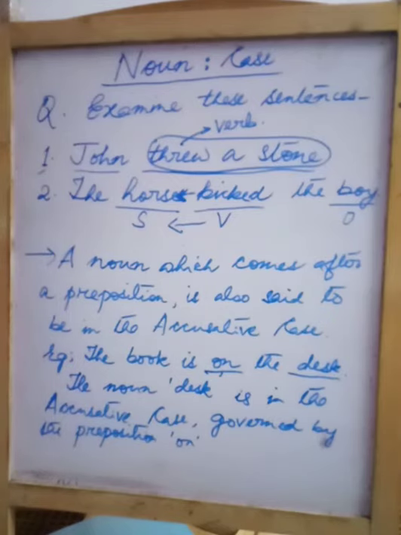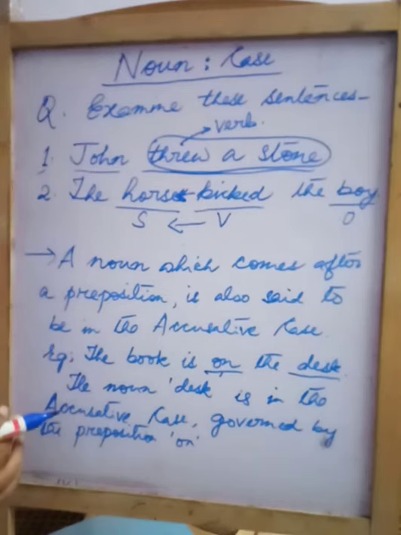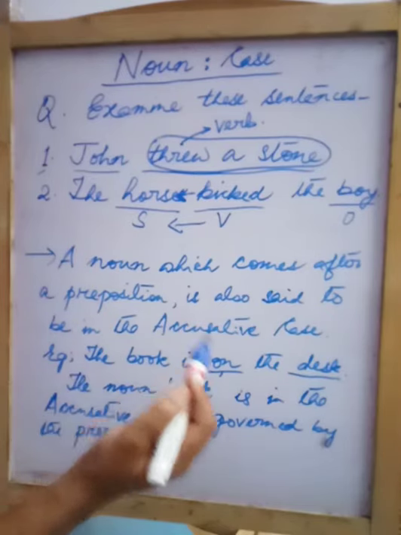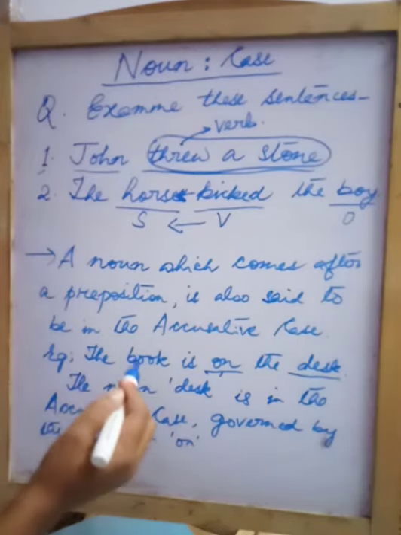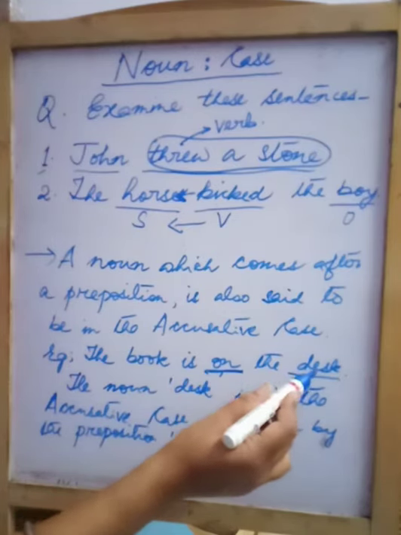When the noun or pronoun is the object of a verb, like whom did the horse kick, the boy, then it is said to be in the objective or accusative case. And a noun which comes after a preposition is also said to be in the accusative case. The example I have given here: the book is on the desk. On is a preposition.